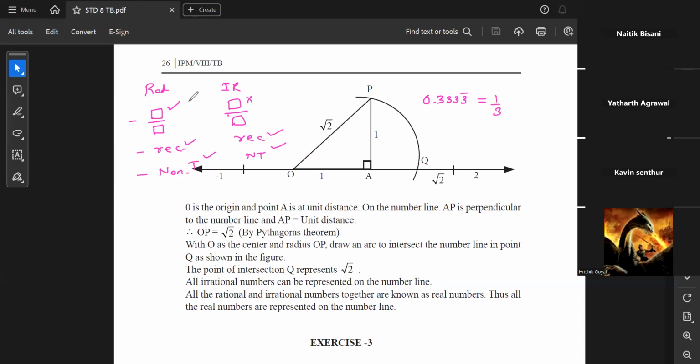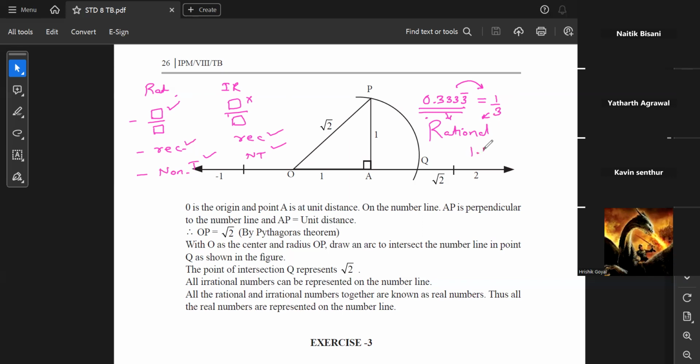Since it can be expressed as 1 upon 3, 0.33 is a rational number. Your answer is rational. Why? Because it can be expressed as 1 by 3. So 0.33 is a rational number, and 1 by 3 is also a rational number.